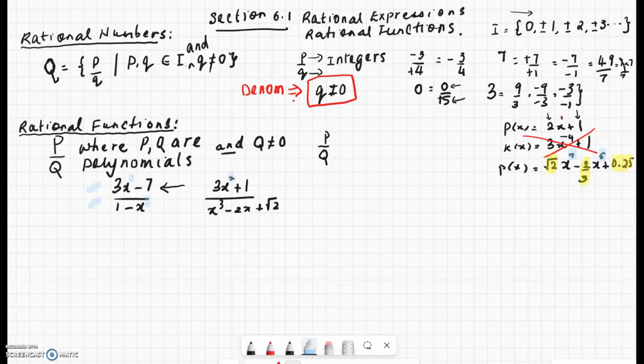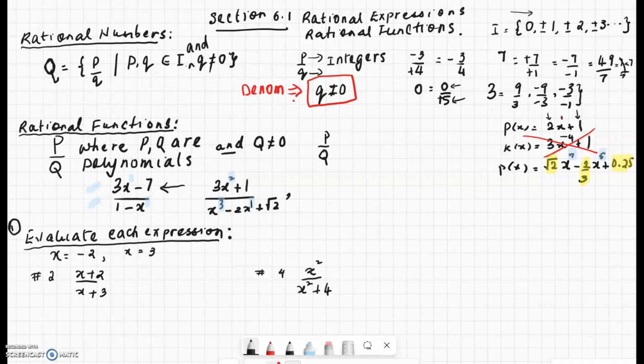Look at the exponents on x. All whole numbers, that's a 1, right? If there's nothing, that means it's a 1. And of course, you have all the numbers which are real numbers in some form or the other. So this is another example of a rational function.